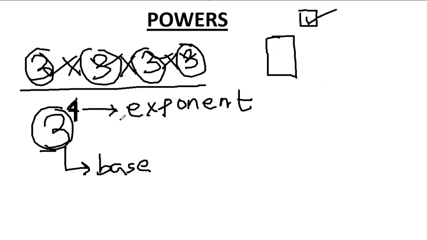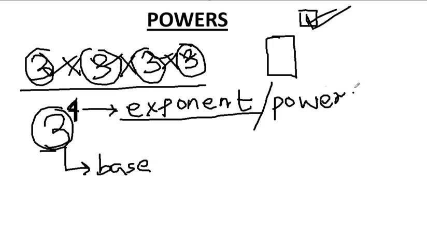So this 4 over here can be called exponent. As I have talked before about this part, it can also be called the power. There is another name for it. It can also be called as the index. Okay, so it has got 3 names.